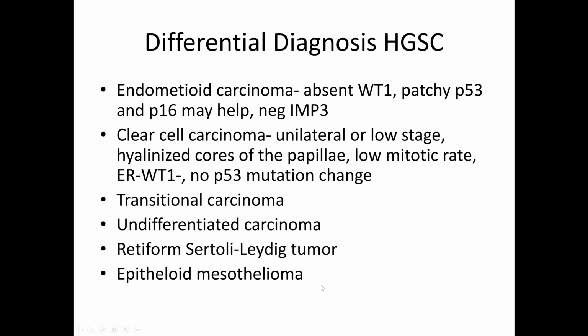These other tumors are much less frequent and much less frequently enter into the differential diagnosis, save perhaps for undifferentiated carcinomas, which would have a mixture of features and would not have the characteristic findings of serous carcinoma in terms of P53, WT1, and P16. They may have one or more of those, but not all in the typical fashion.